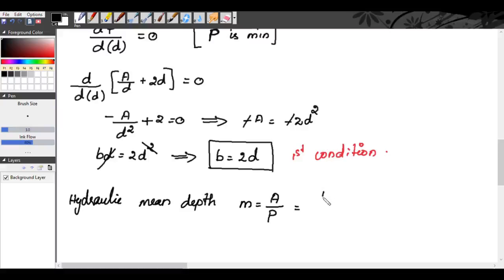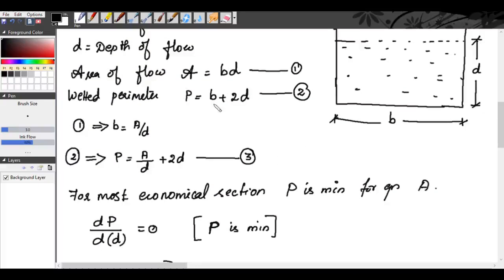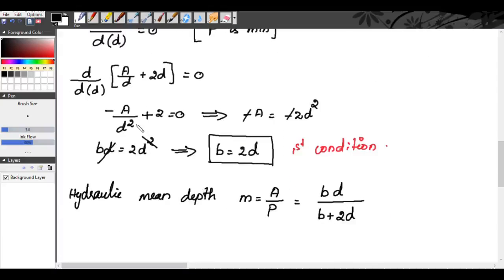So area is B into D and the wetted perimeter is B plus 2D. Now we have obtained for the most economical rectangular section B equal to 2D.